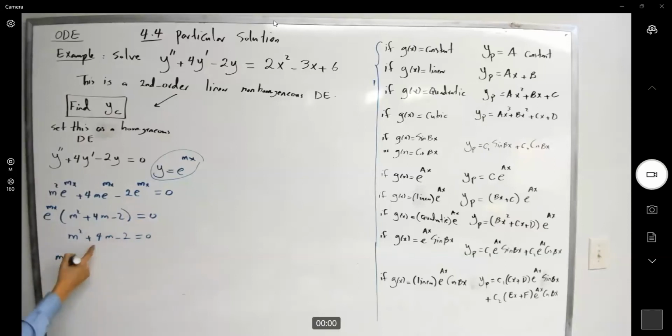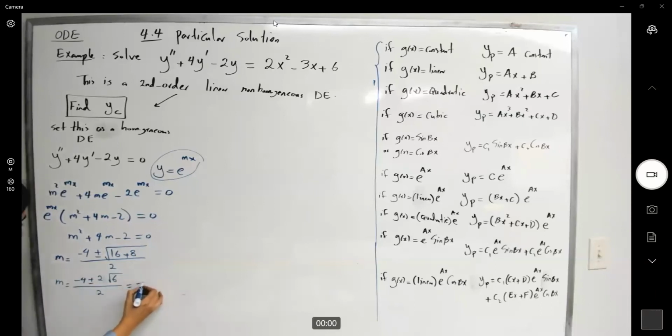m is negative b plus or minus the square root of b squared minus 4ac, divided by 2a. So m becomes negative 4 plus or minus the square root of 24, so we get 4 square root of 6, divided by 2.